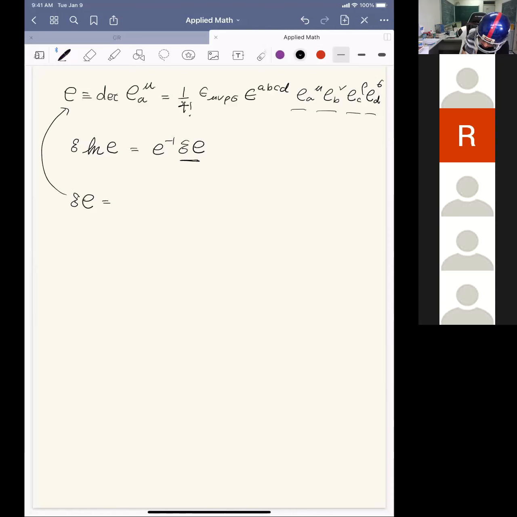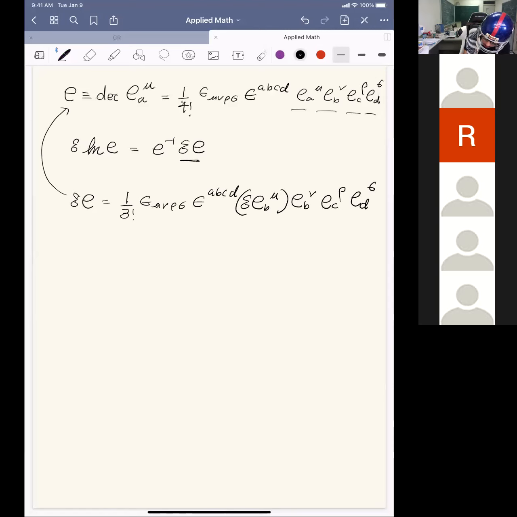That is given by 1/4! epsilon^{mu nu rho sigma} epsilon_{A B C D}, variation of E_B^mu, E_B^mu, E_C^rho, E_D^sigma.